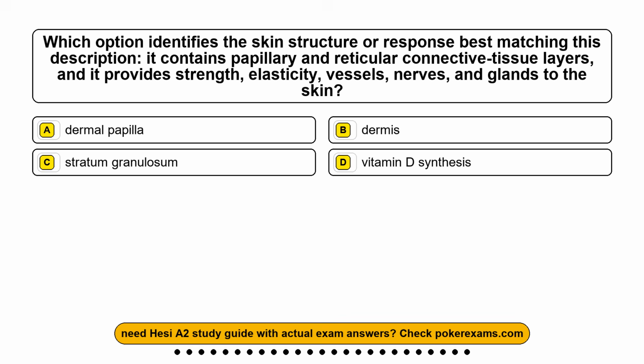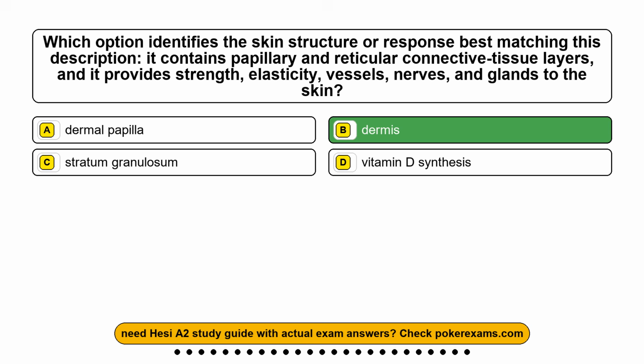Question 16. Which option identifies the skin structure or response best matching this description? It contains papillary and reticular connective tissue layers, and it provides strength, elasticity, vessels, nerves, and glands to the skin. Option A, dermal papilla. Option B, dermis. Option C, stratum granulosum. Option D, vitamin D synthesis.